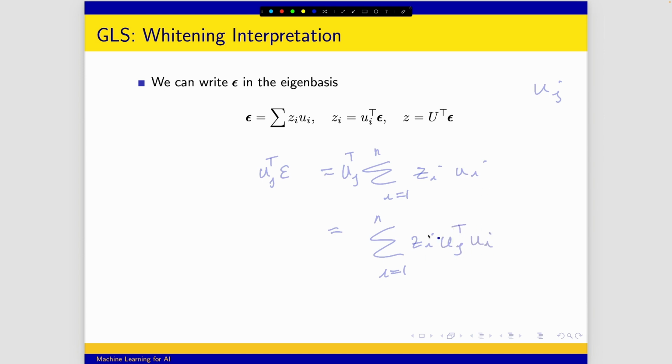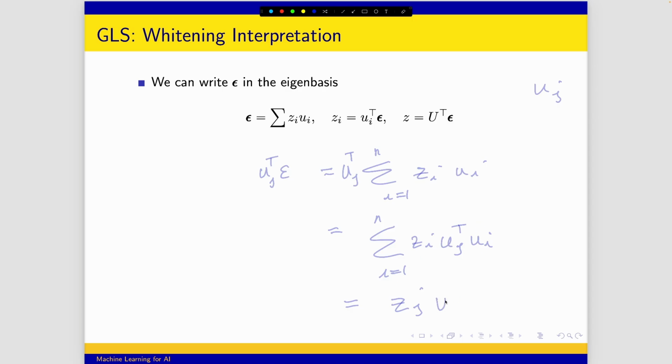Now, these are mutually orthogonal. So in this sum, this will be 0 because they're orthogonal. This is a dot product of these two. Well, that's going to be 0 unless i equals j, because we picked the jth one, right? So this will be z_j. So only when i equals j will this be non-zero.